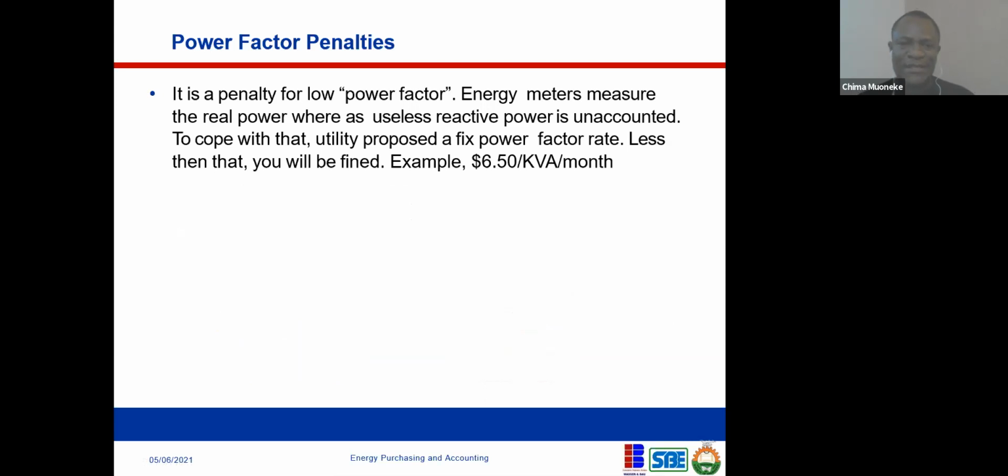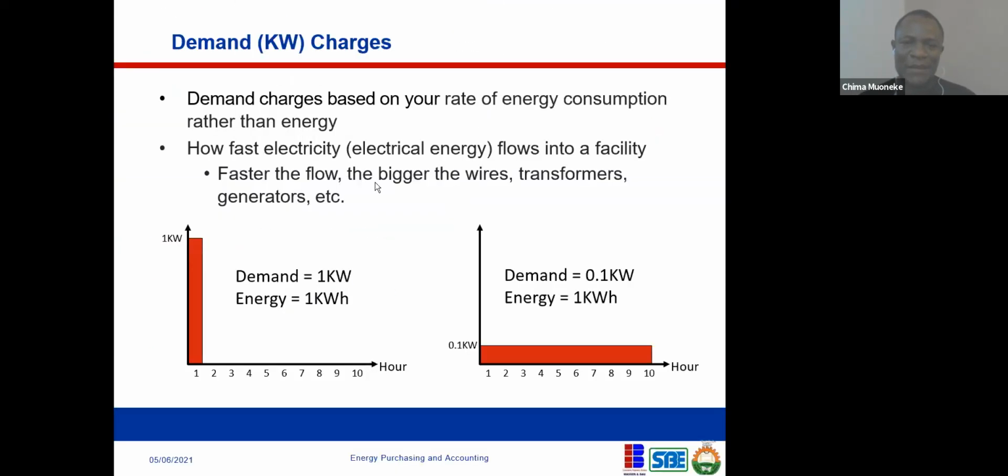Based on the previous example that I gave, if you look at this load, assuming you maintain this consumption for the whole month, then your demand charge will be 1 kilowatt. That's your highest demand at a particular time. So this is what demand is. For this one, your demand is 1 kilowatt, whereas for this one, your demand is 0.1 kilowatts.